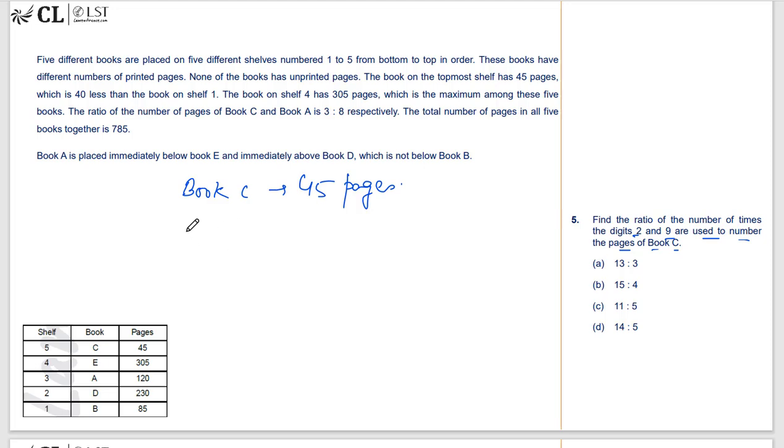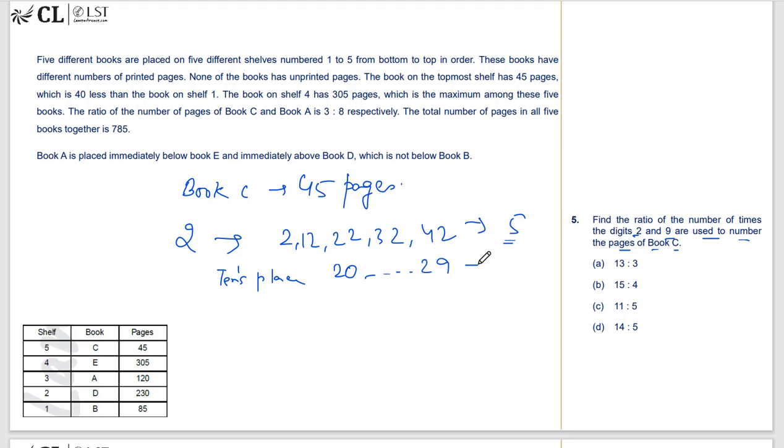Now 2 will be used at its units place in 2, 12, 22, 32, and 42. That's 5 times here. At tens place, from 20 to 29, 10 cases here. So 15 times I have used digit 2.